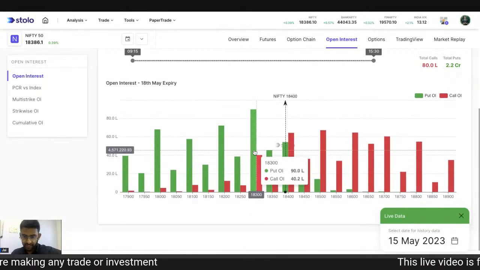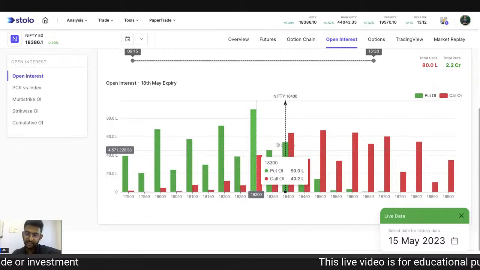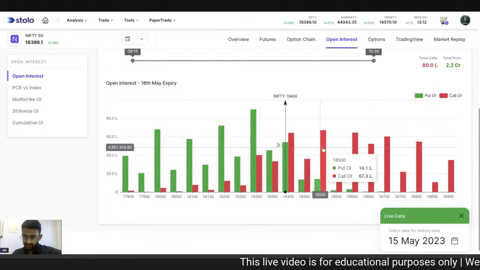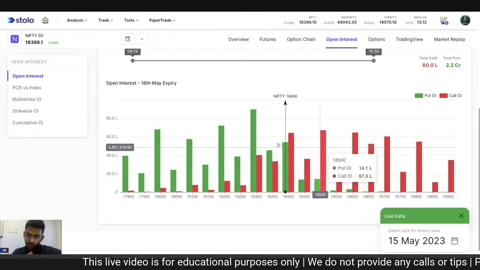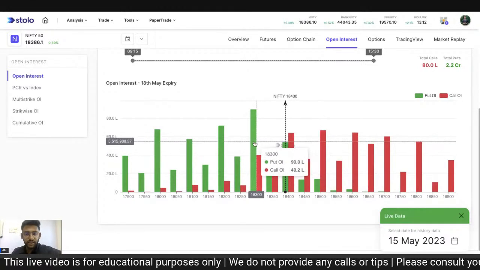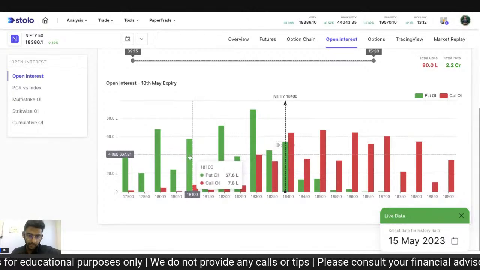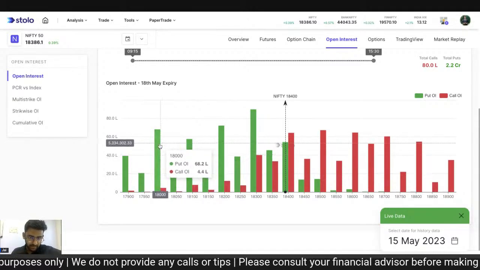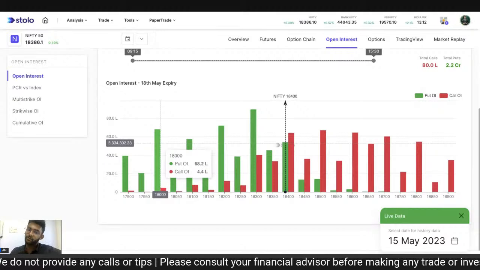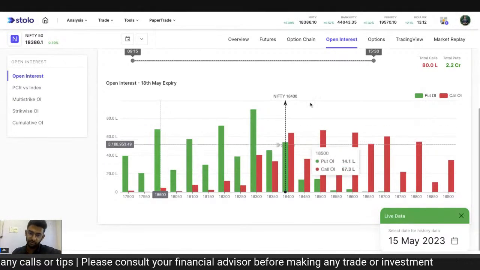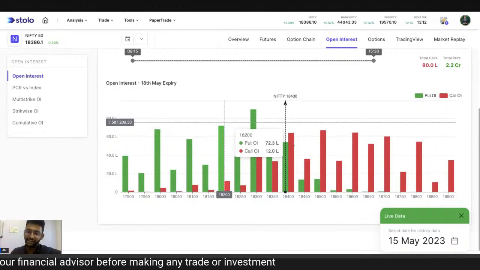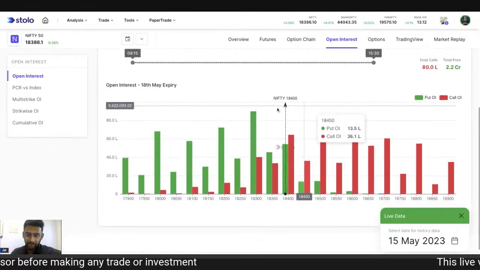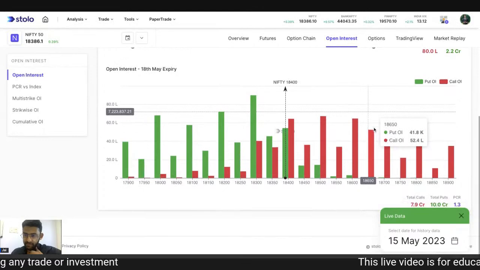As you can see here, 18,300 has around 90 lakh puts and 18,500 has around 87 lakh call options. There looks like a stronger put base, and there's 68 lakh at around 18,000, which is very far from the money. So there are sellers at almost every strike here.